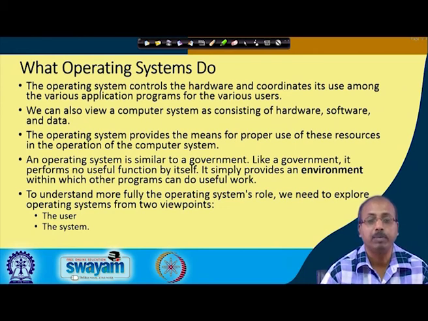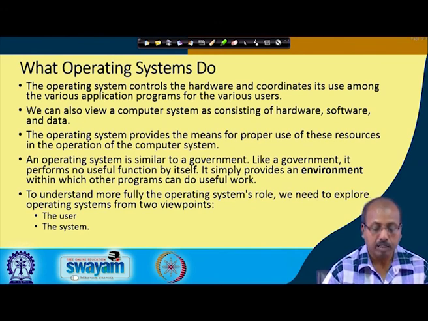We start blaming the operating system in system 2, but there must be something very specific in my program which does not match the requirements of the second operating system. That is creating the problem. We have to understand that, and see whether the environment provided is proper. We have to understand more fully the operating system's role.